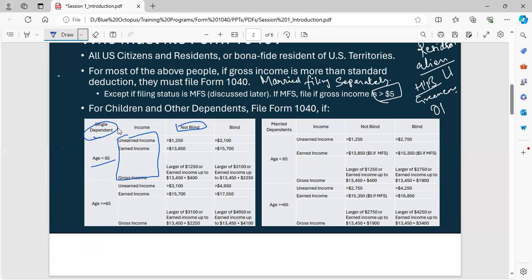And if the person is blind or more than 65, either of the cases, then we have 3100 of unearned income; if more than 3100 is the limit. Similarly, if the person is both a senior citizen and blind, then 4950 for a single dependent.